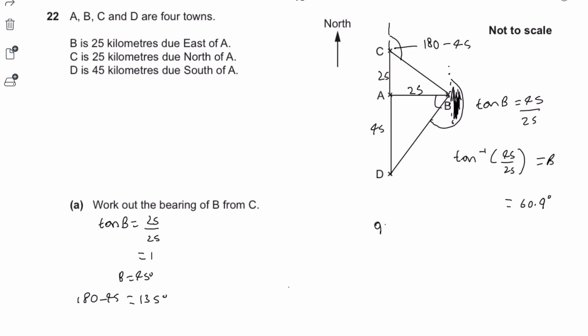So 90 minus 60.9 equals 29.05. Add that to 180 equals 209 degrees.